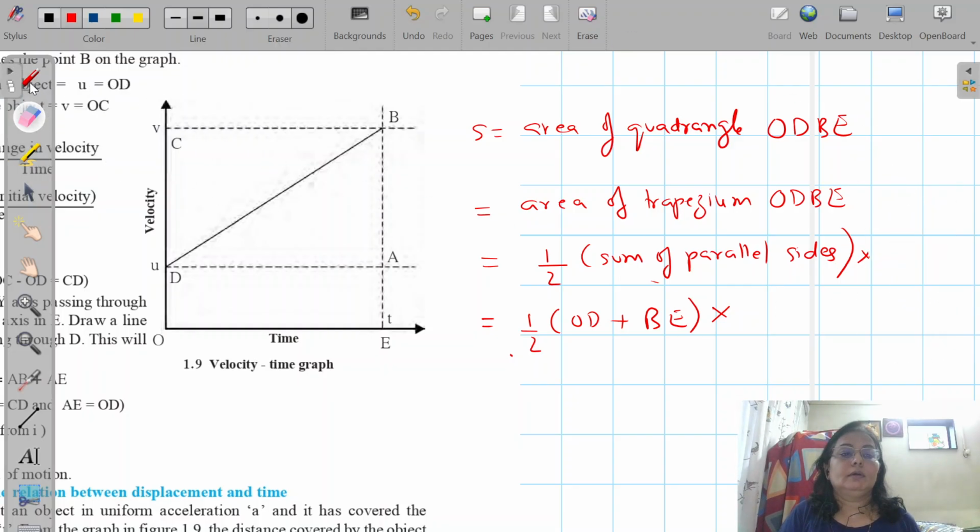That will be more accurate. Half into sum of parallel sides and distance between them.